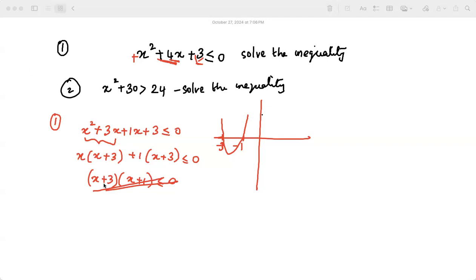In the factored form, x equals negative 3, x equals negative 1. So it's an upward facing parabola and those two are the intercepts. They are asking for all values of x which are less than or equal to 0. So what are the values of x in which the graph is less than or equal to 0? Basically, minus 3 is less than or equal to x is less than or equal to minus 1. That should be your answer.